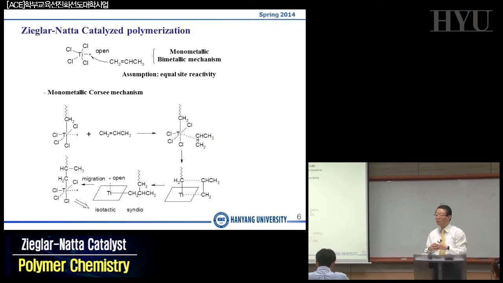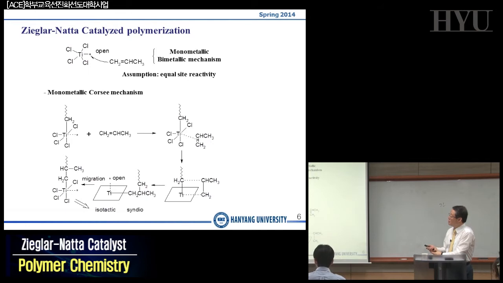But there are a lot of researchers working on the mechanism of the catalytic systems. And I told you that there are a lot of theories. But I will just introduce a couple of mechanisms. This is not a perfect mechanism, but this might be helpful for your understanding of what's going on with this Ziegler-Natta catalyst.